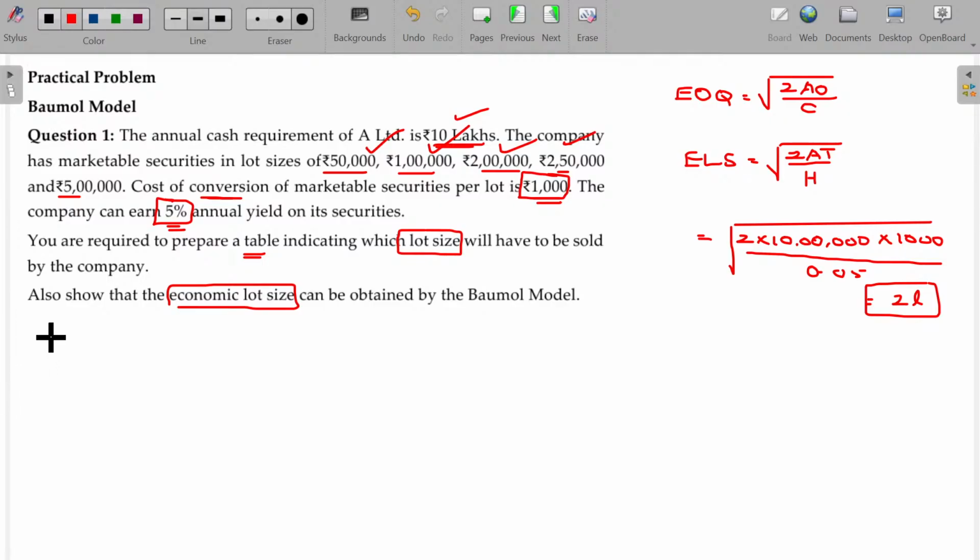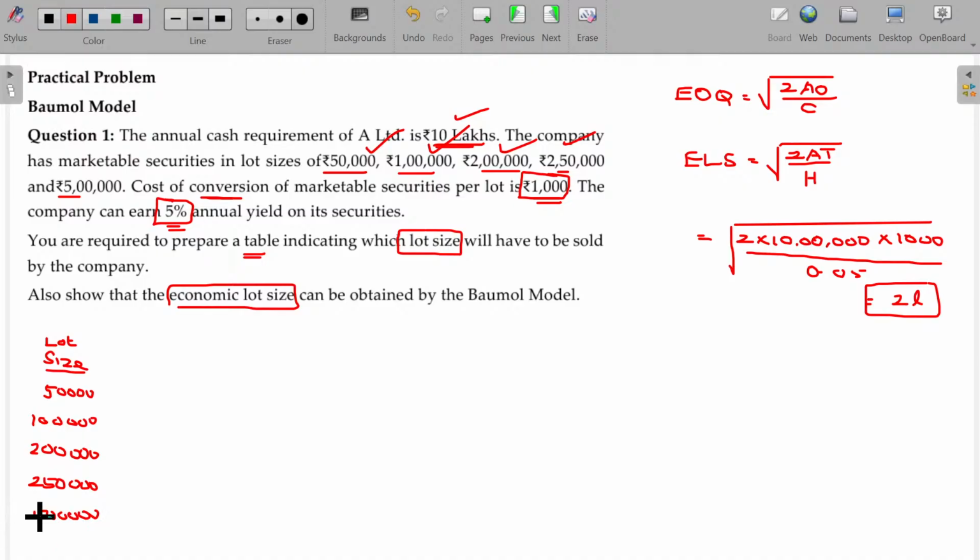So lot size: 50,000, 1 lakh, 2 lakhs, 2 lakhs 50,000, 5 lakhs.